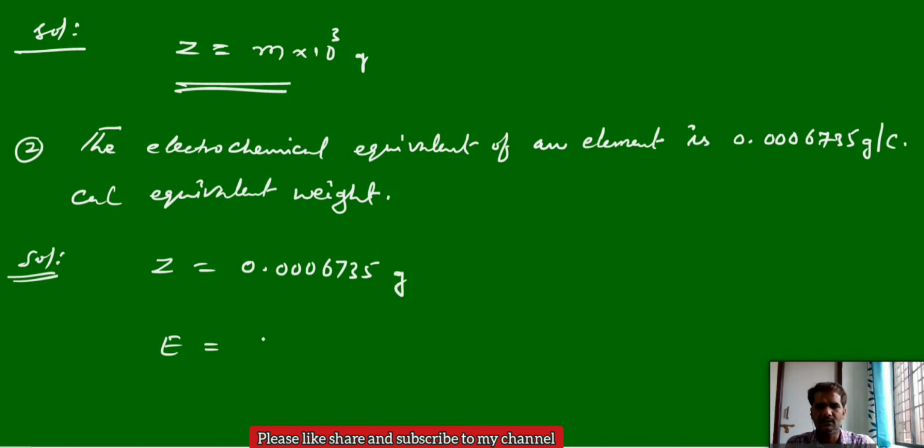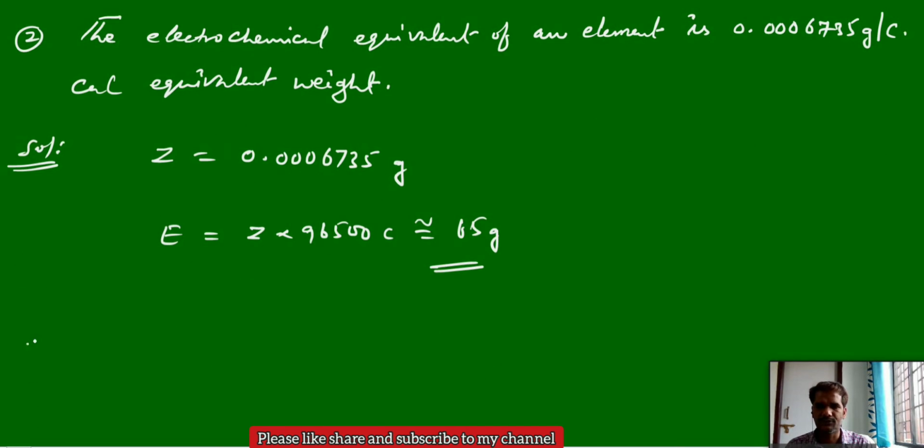So E is equal to Z into 96,500 coulombs. Yes, if you multiply these two, you will get approximately 65 grams. That is the equivalent weight.